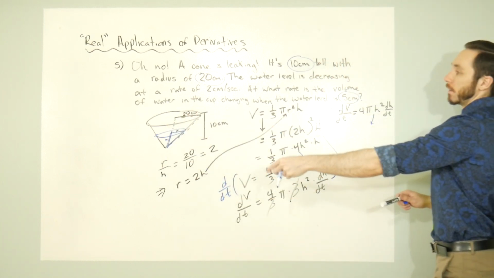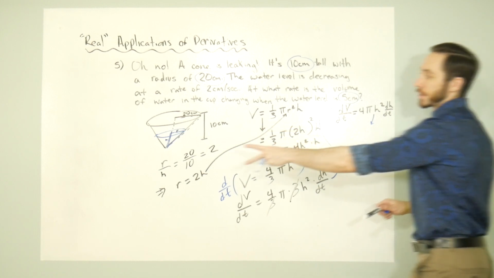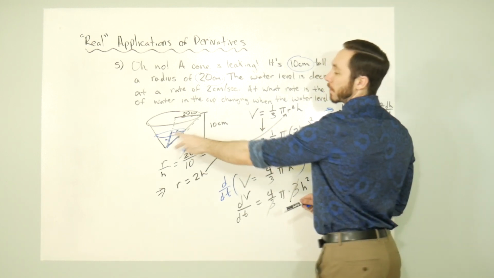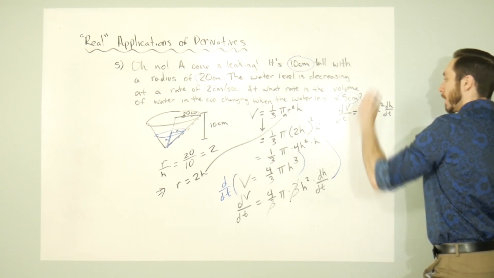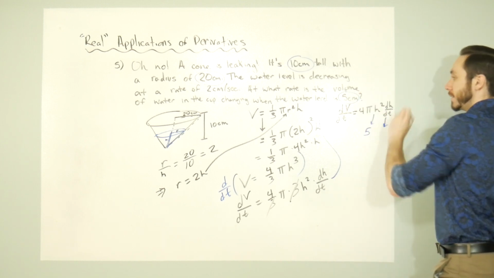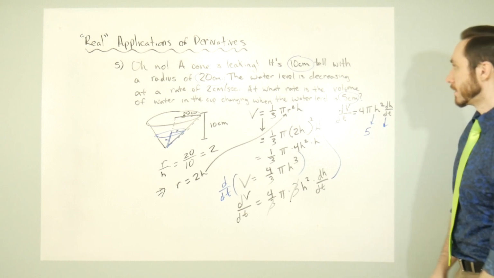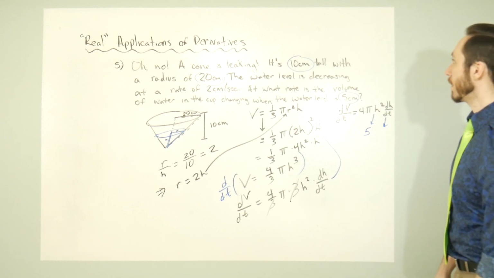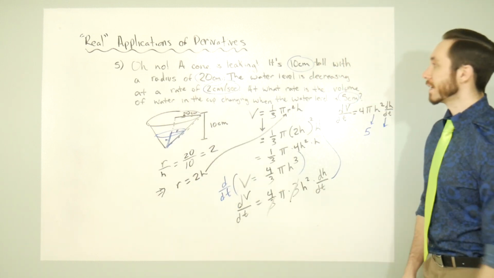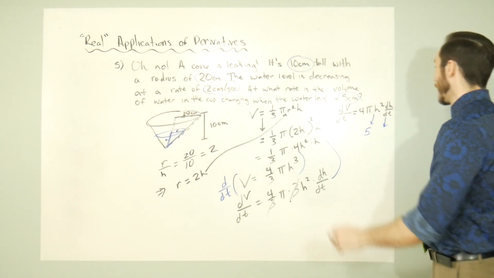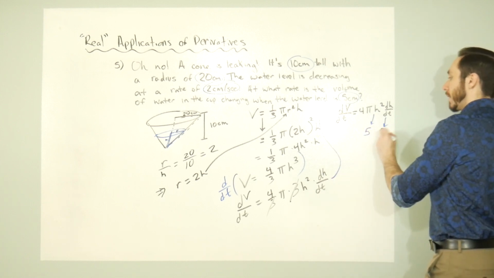So that would be our h in this situation. Water level is how high up the water goes from the base. So this is going to be our 5. And then do I have a dh/dt? Is there a dh/dt in the crowd? Oh yeah, we didn't use this one either. So the water level is decreasing at a rate of 2 centimeters per second. So I'm going to plug in that 2 there.